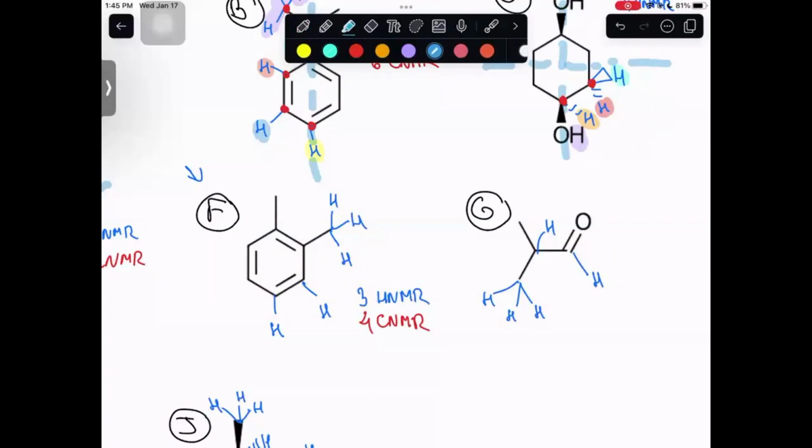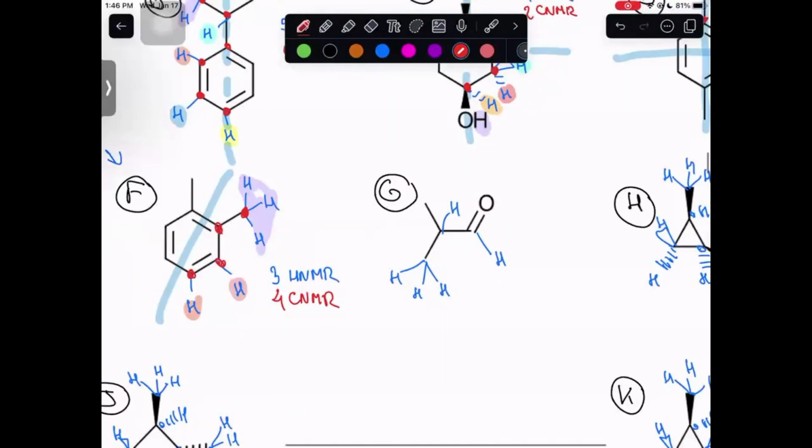First of all, are there any planes of symmetry? How many? 1, right down the middle. So that means, again, the methyl group is 1 single environment. Then a hydrogen, and then the other hydrogen. Pretty simple. Now, as far as CNMR, again, it's just counting the number of carbons that you have on one of those sides.